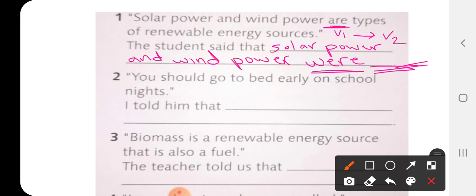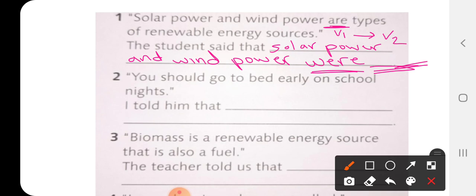Types of renewable energy sources. Okay, so we have changed verb 1 into verb 2. Clear? In the reported speech, again, we have to convert the verbs from the present into the past, and from the past into the past perfect.